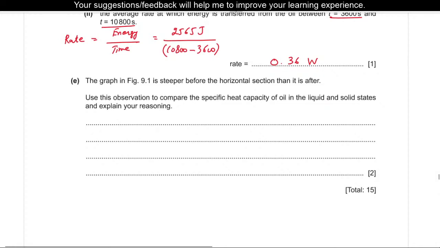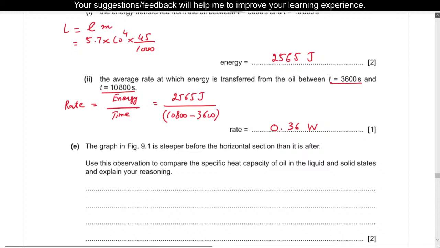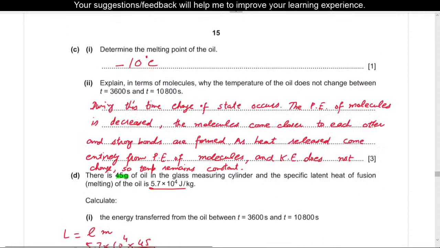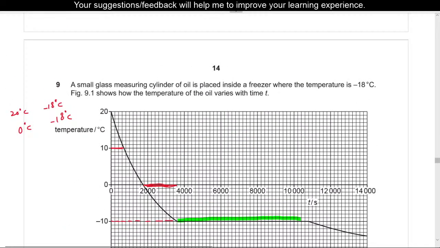The graph in figure 9.1 is steeper before the horizontal section than it is after. Compare the specific heat capacity of oil in the liquid and solid states and explain your reasoning. So if you see here, this section is steeper and this is less steep.